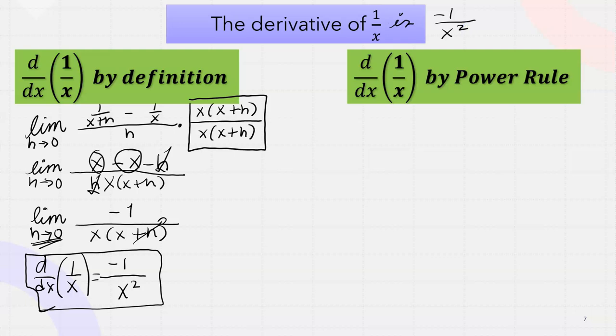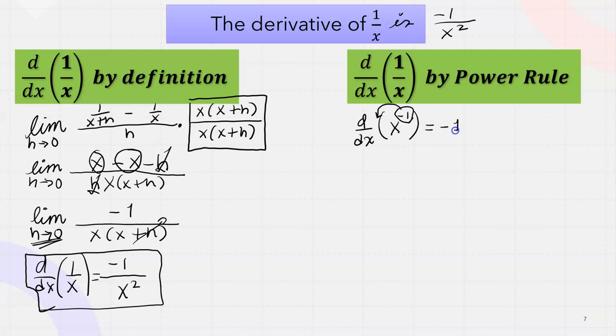Okay, so since this is in the power rule section, or it's an extension of the power rule, the question would be, could we use the power rule? How? Well, 1 over x can be written as x to the negative 1 power. So if we were to apply the power rule, we would bring the negative exponent down.